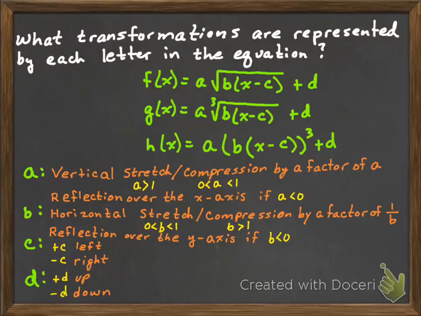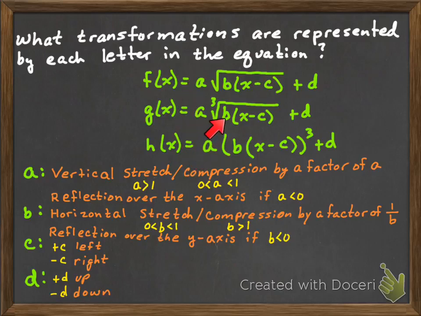All right, so we're going to take a look at graphing square root, cube root, and cubic equations. And just to take a look at your transformations, for each of these are the formats that we can put these in for transformations. Notice the a value is the same in each of these, which is in front of the actual function.